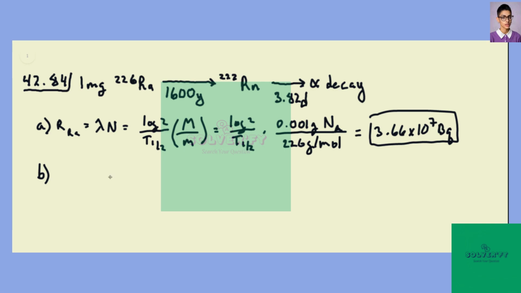Now, we were told already that the activity of the radon is going to match that of the radium under this case. So we have 3.66 times 10 to the 7th becquerels as well.